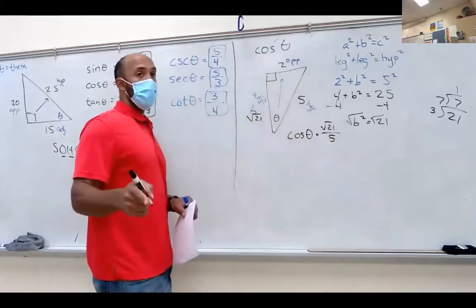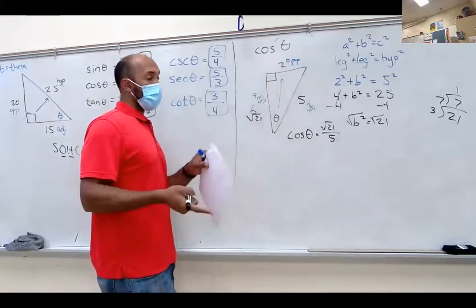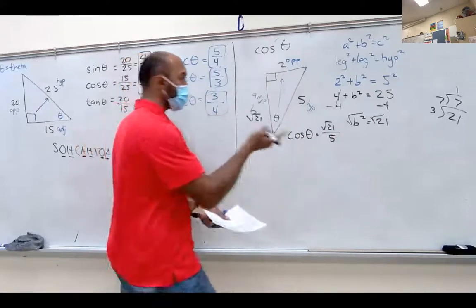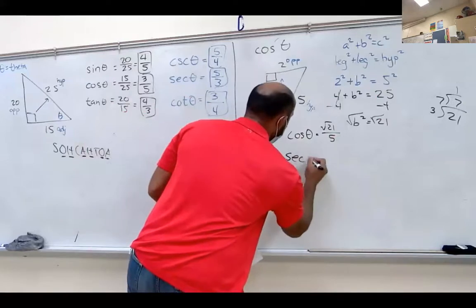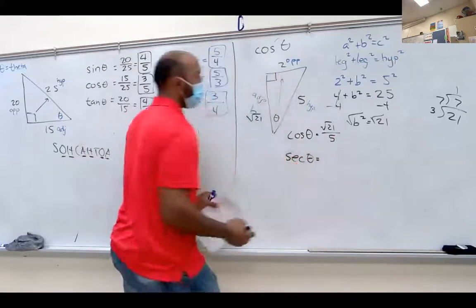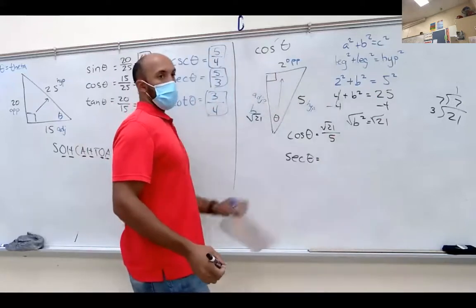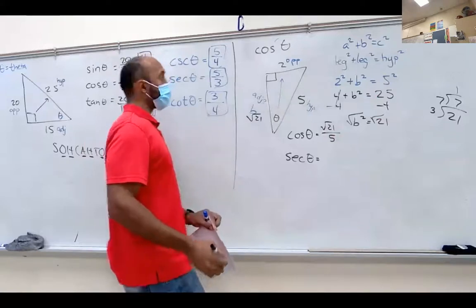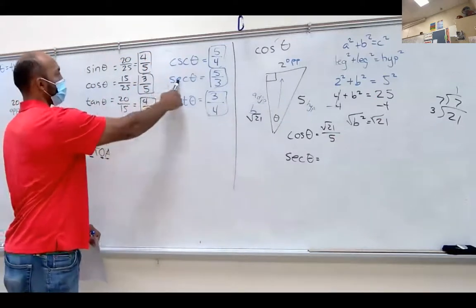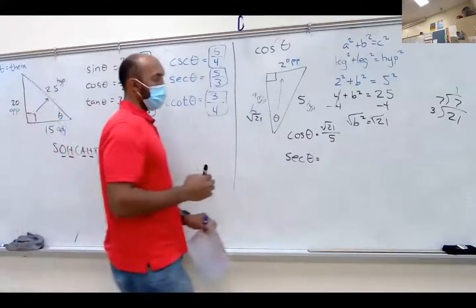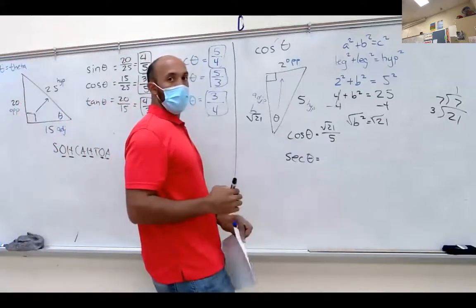Now some of the problems are gonna be like that, but flipped. So let's just say I asked you for the secant for the same problem. What would be the secant for that? Remember, secant is the opposite or reciprocal of that. So what do I do with this to get the secant?